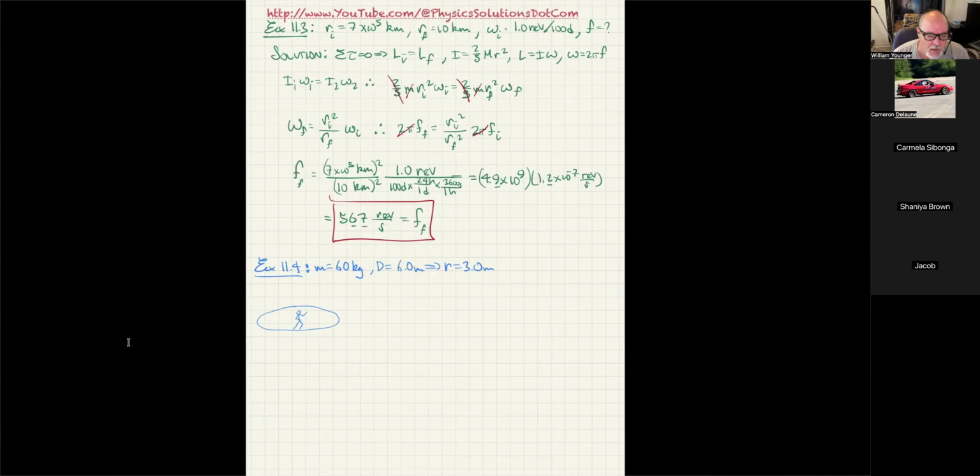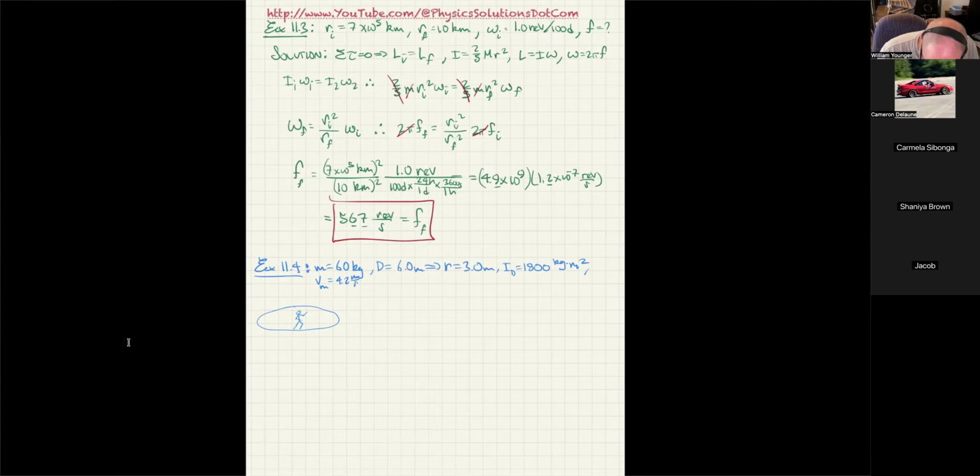The moment of inertia of the disk is 1800 kilogram meters squared. And the person is running, velocity of m relative to Earth, of course, is 4.2 meters per second.